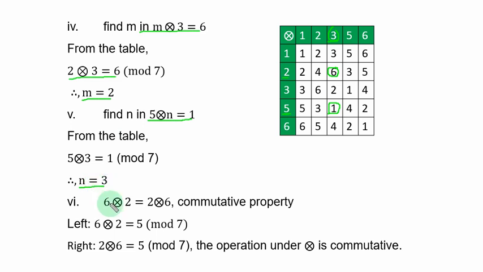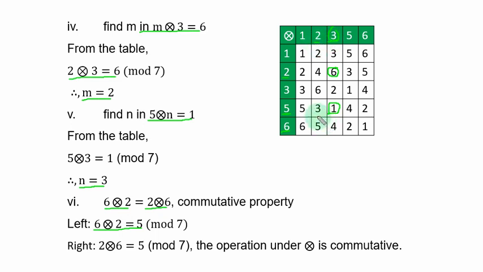Then lastly there, you should show that 6 times 2 equal to 2 times 6 is commutative. That means both operations should give you the same remainder. So from the left, 6 times 2 is equal to 5. This is 6 and you have 2.